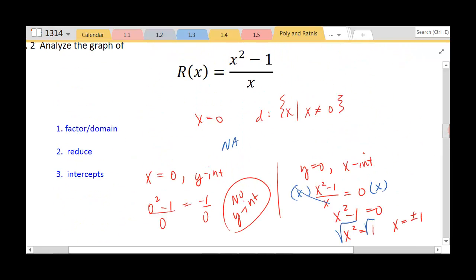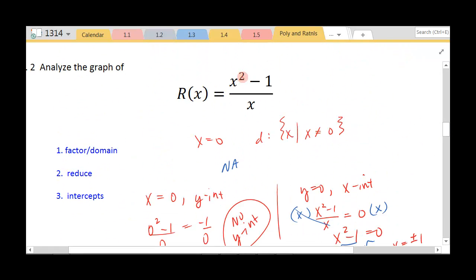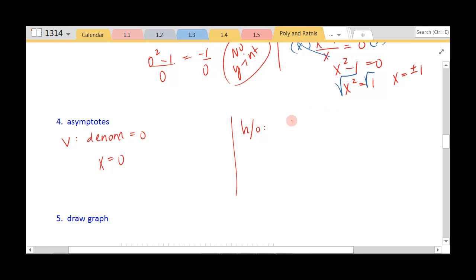So I'm going to scroll back up here. The degree of the numerator is 2. The degree of the denominator is 1. So I know that 2 is greater than 1, and because it's only a difference of 1 between the two degrees, we're going to use long division to find the oblique asymptote.